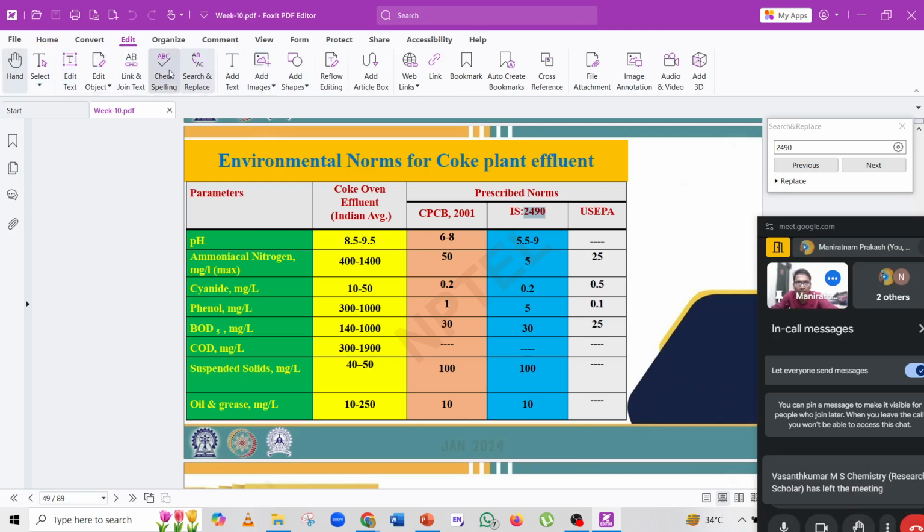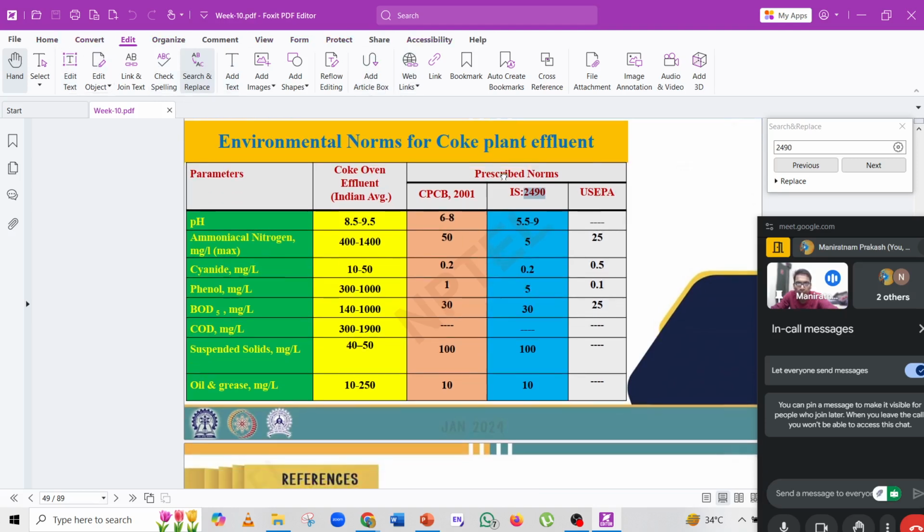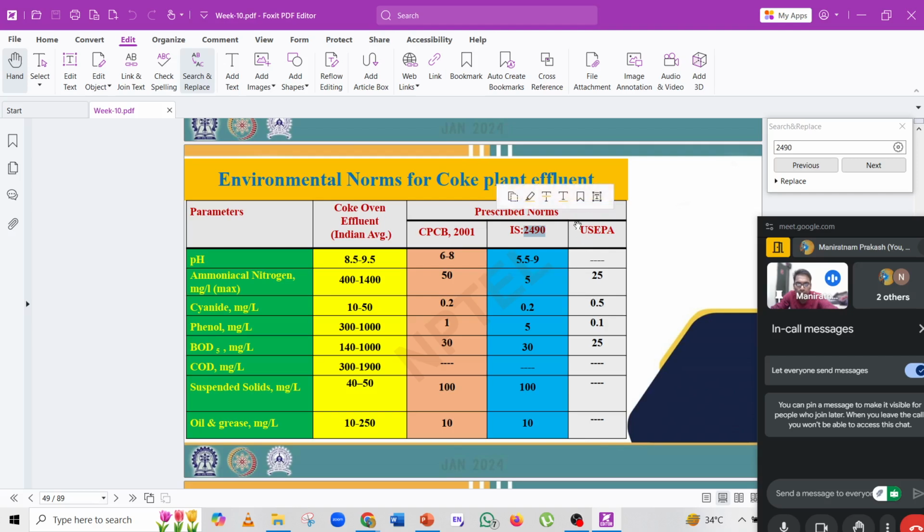I don't know where the pen went. But you can see this IS code is there, and CPCB is there. Okay? So this is the prescribed norm.